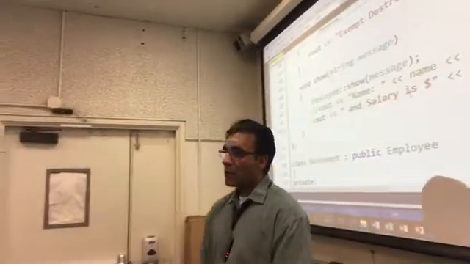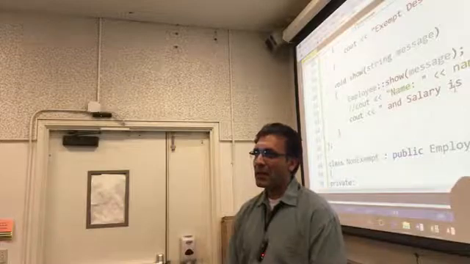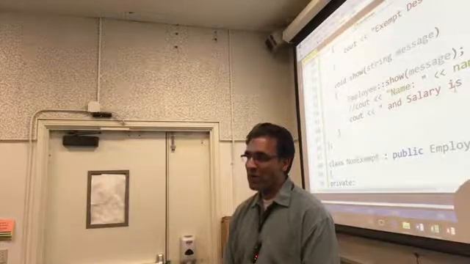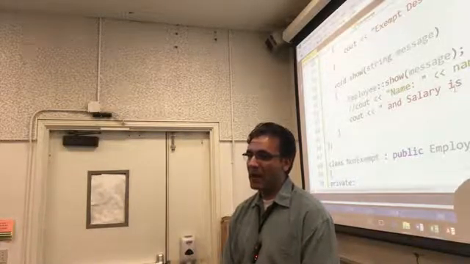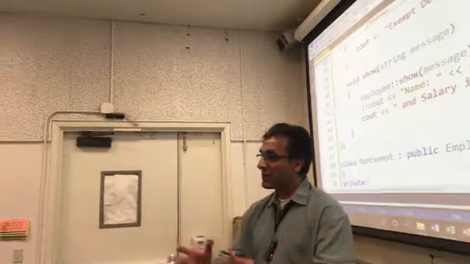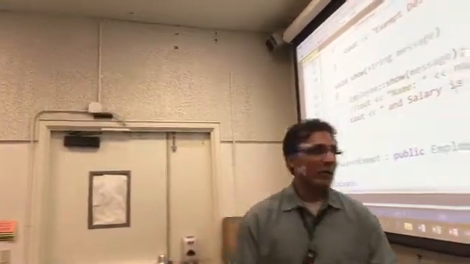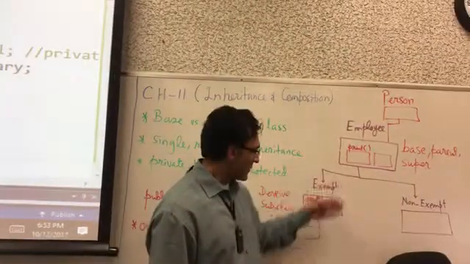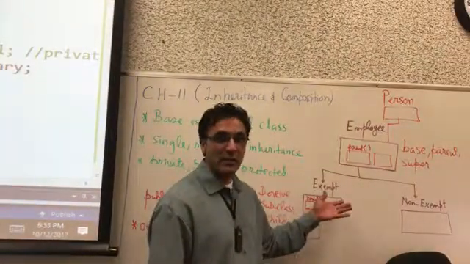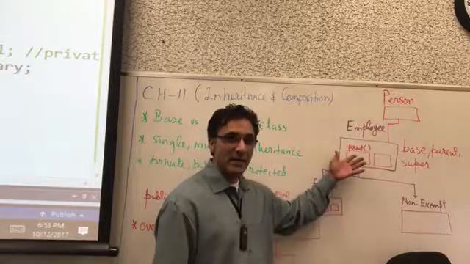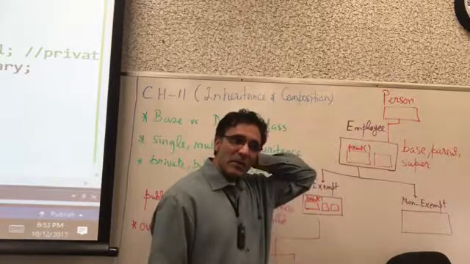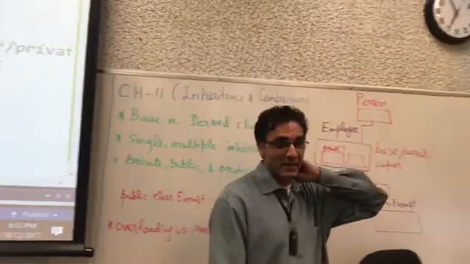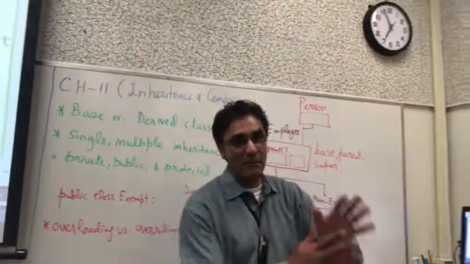Could we make that? Yeah. There are other ways I can access it indirectly. For example, if I have getters and setters in my employee class, I can call those getters from the lower level, like what we did last week. That's another way to access the data. So there are multiple ways you can access the data, it's just what method you're using.